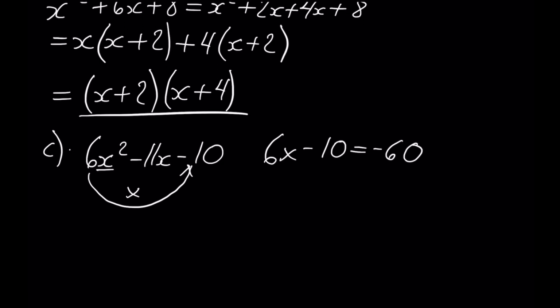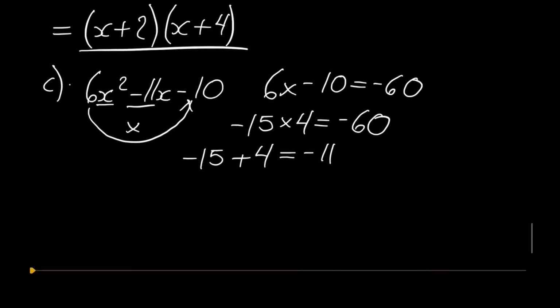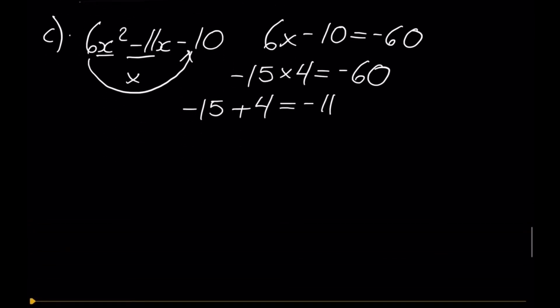Now we have to think of two numbers which multiply to give minus 60 and add to give us minus 11. And these two numbers will be minus 15 and 4. So multiplying minus 15 and 4 gives us minus 60, and adding minus 15 and 4 gives us minus 11.